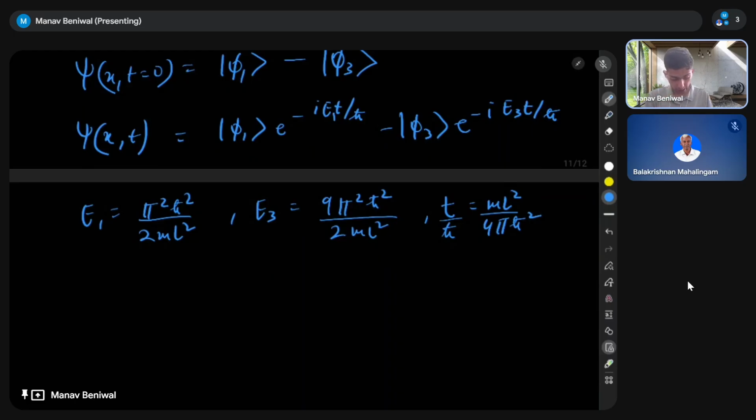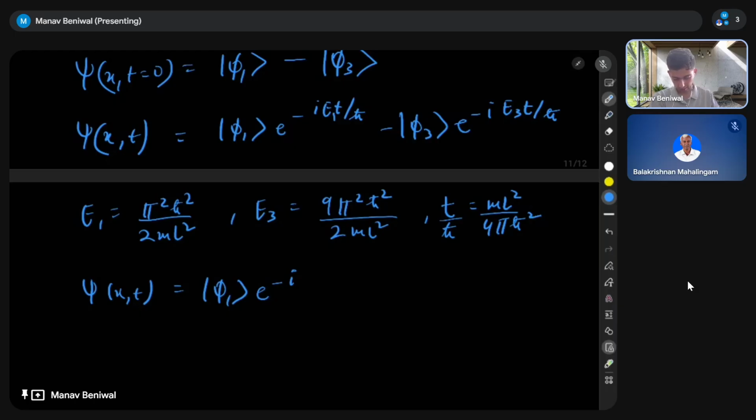So finally we can write our psi at some x comma t as phi 1 e to the minus iota, now E1 is this thing, multiplied by t by h cut. So m L squared gets cancelled out, h cut squared gets cancelled out, one pi gets cancelled out.